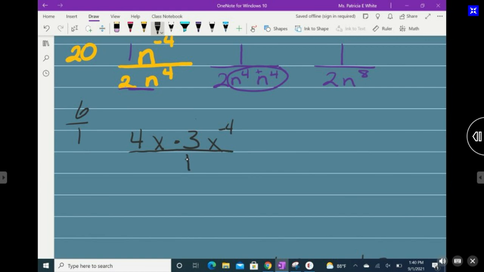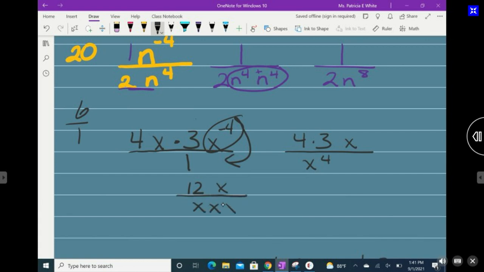Now, who am I going to move? Gotta go downstairs, right? So I have a 4, a 3, an x, and I have x to the 4th down here. So 12 x, 1, 2, 3, 4 x's down here.